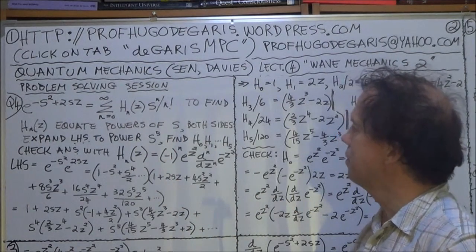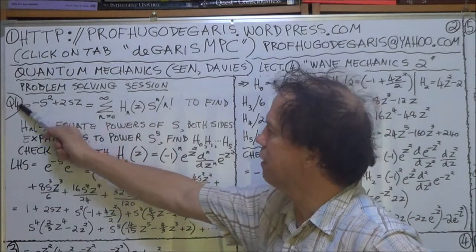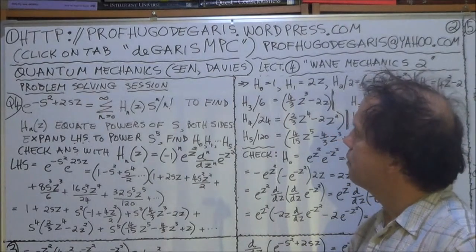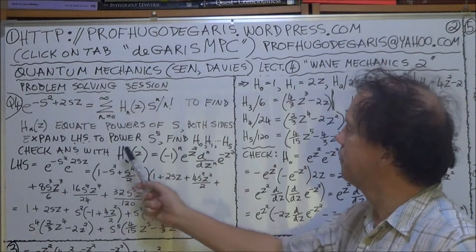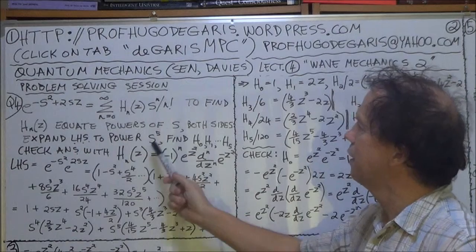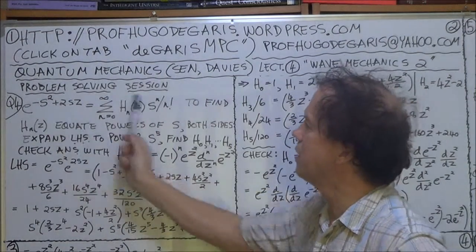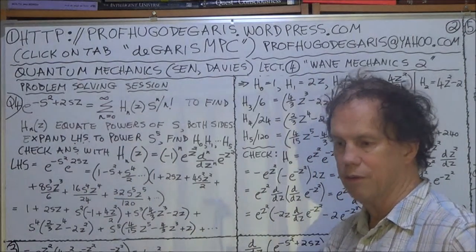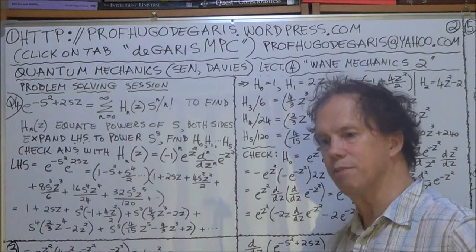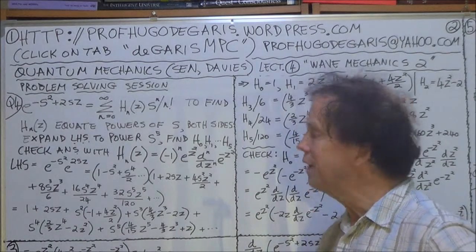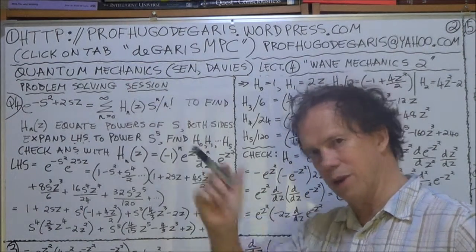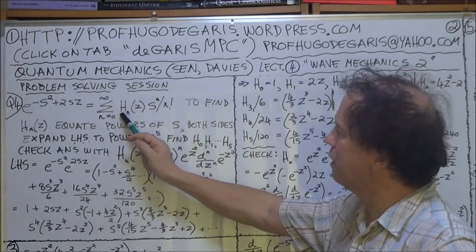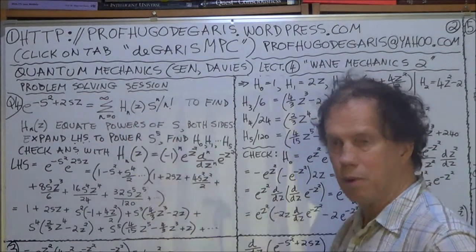So what you're asked to do is to take this left hand side and expand it out up to powers of s to the 5. Then by equating left hand side and right hand side for the coefficients of powers of s, so s to the first power, s to the second power, and so on, find these Hermite polynomials.